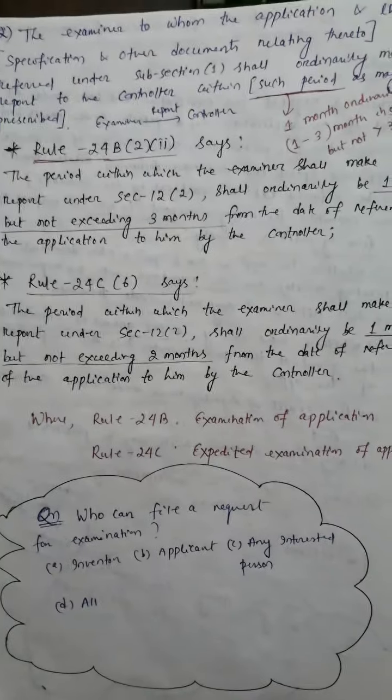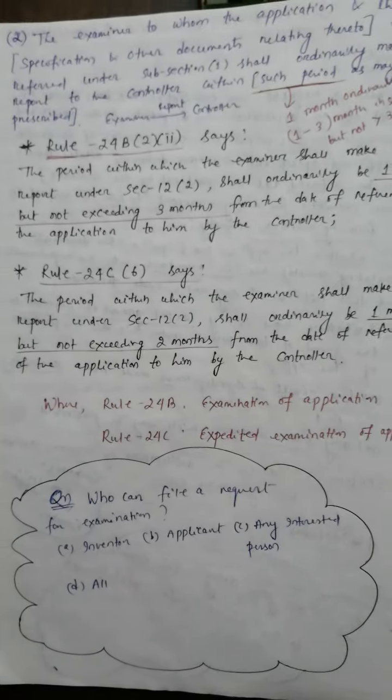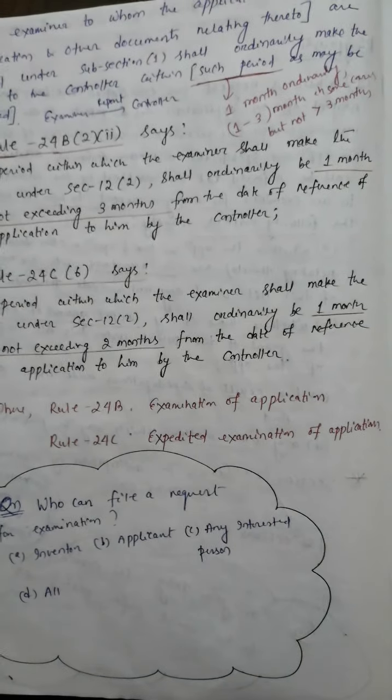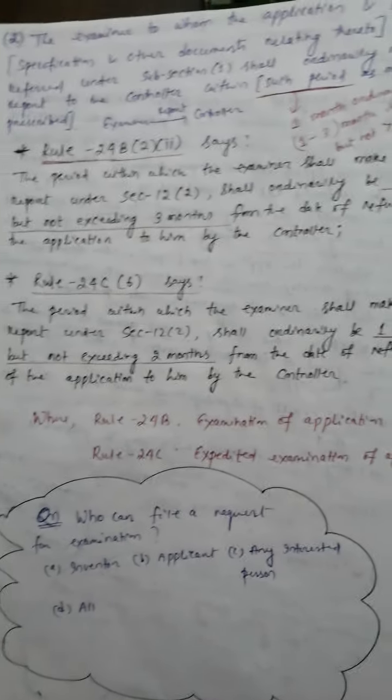Subsection 2 says the examiner to whom the application and the specification and other documents relating thereto are referred under subsection 1 shall ordinarily make the report to the controller within such period as may be prescribed.